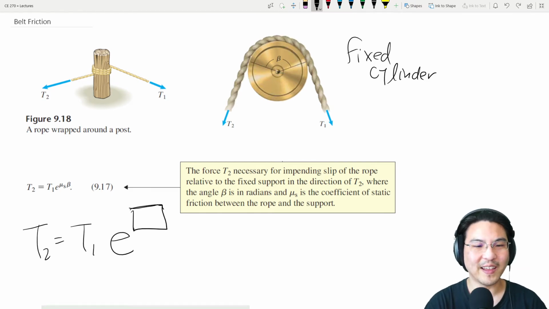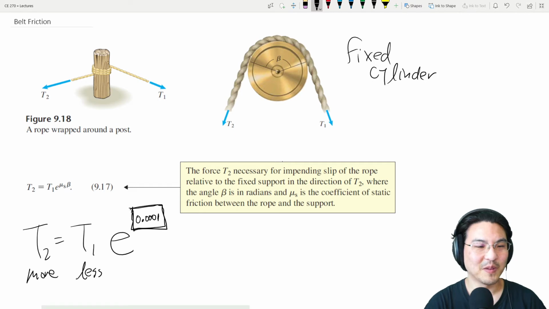E to the anything positive, I guarantee you, is greater than 1, because e to the 0 is 1. If you go like e to the 0.0001, that's greater than 1. So if this is greater than 1, I guarantee you this is more, T2, and T1 is less.